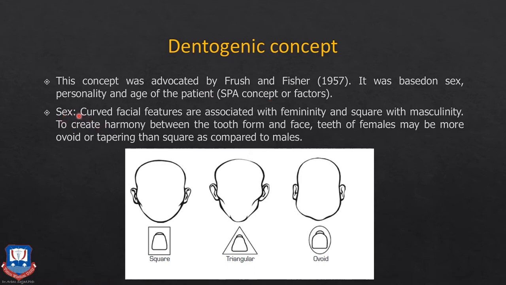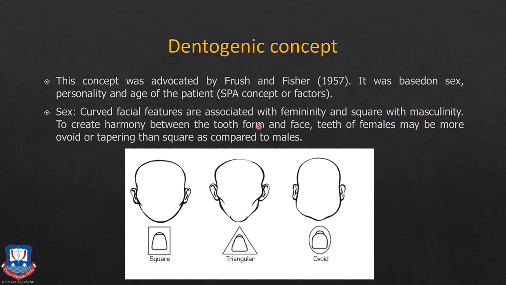So according to sex, curved facial features are generally associated with femininity, as we have been conditioned to believe through media, advertisement, and the internet. We associate curved features with femininity and square features with masculinity.